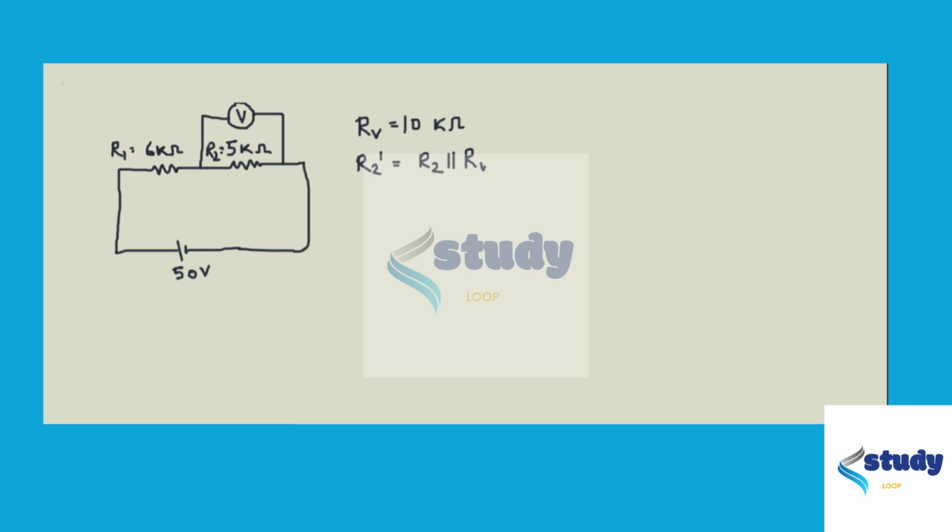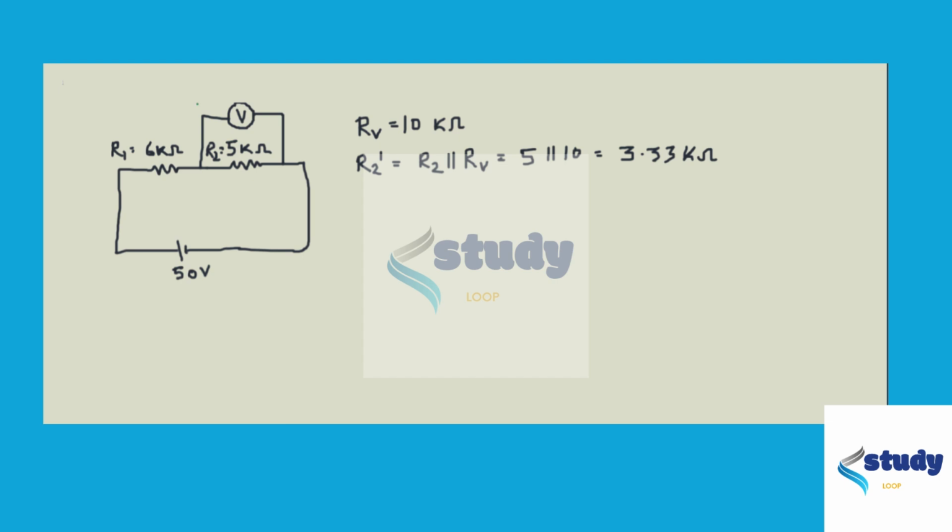Because the voltmeter is in parallel with the 5 kilo ohm resistor. So this should give me 5 parallel 10. Now what is 5 parallel 10? That is 5 into 10 upon 5 plus 10. So that gives me 3.33 kilo ohm. So the new R2, that is R2 prime, would be 3.33 kilo ohm.